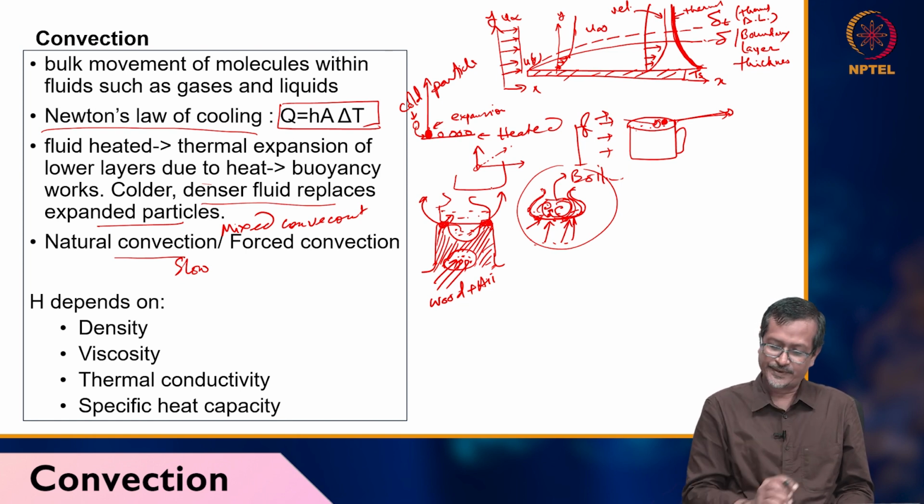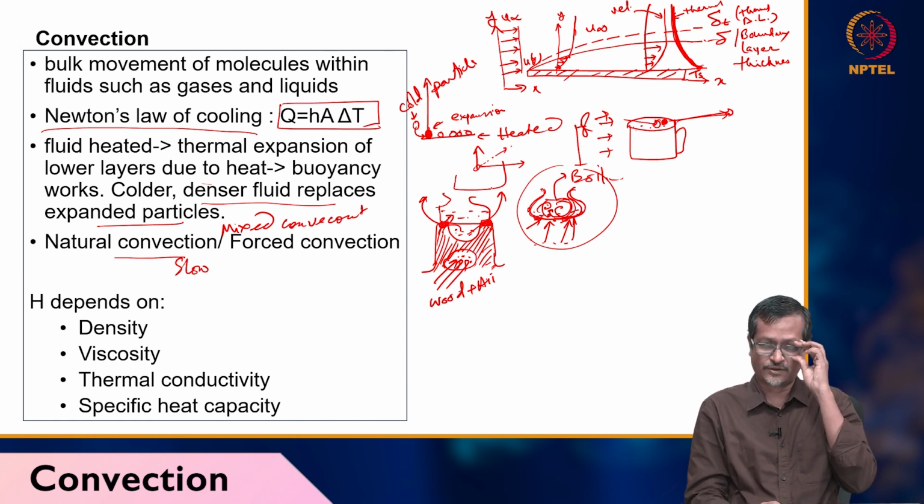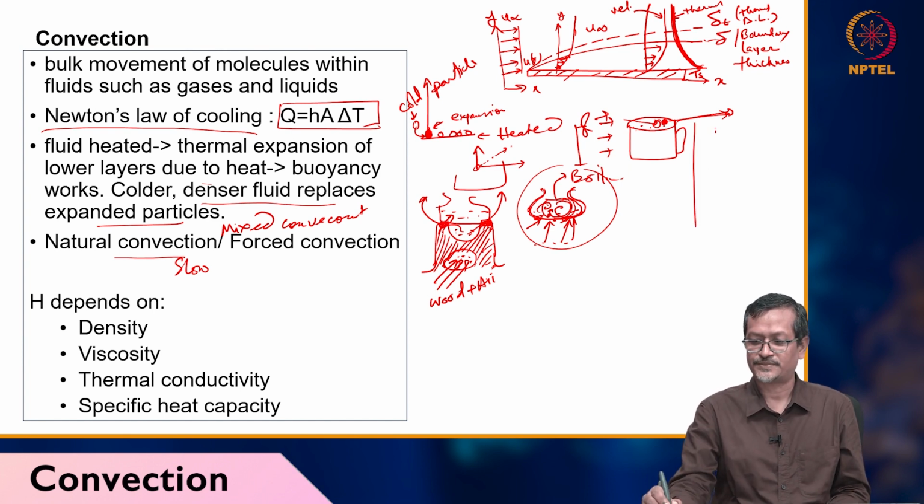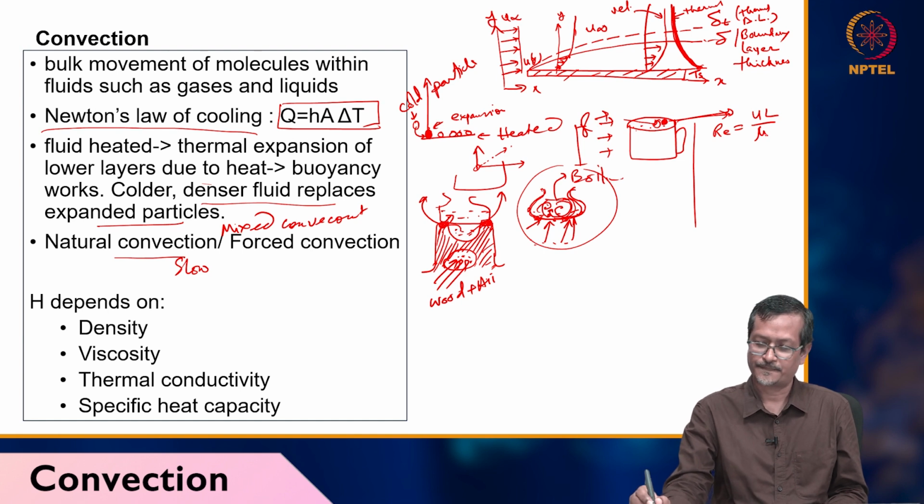Whenever you are talking about heat conduction or convection, especially convection, you have to remember the term Reynolds number: U L by nu, not mu, nu. U means fluid velocity, L is the characteristic length, and nu is viscosity.